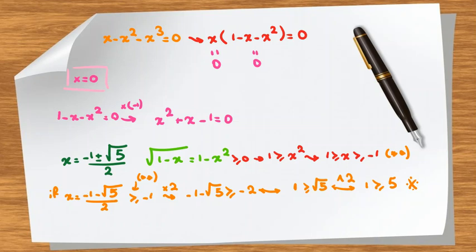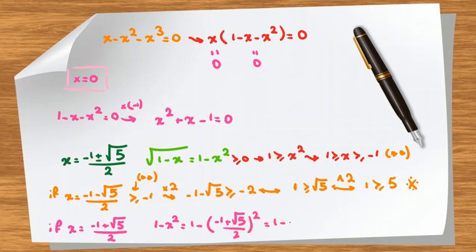Now we should select plus. If x equals negative 1 plus root 5 all over 2, here we should calculate, for example, 1 minus x squared. First, 1 minus x squared, which is 1 minus negative 1 plus root 5 over 2 squared.